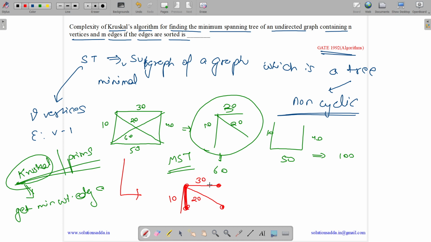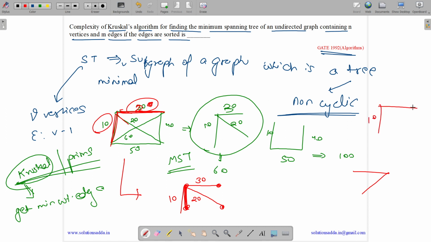In this question there was no cycle formed by default, but if it was something like this, let us take the graph to be like this.